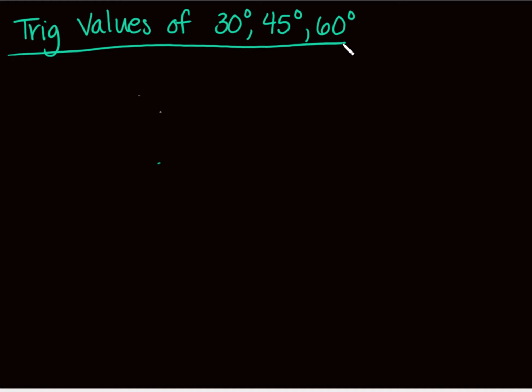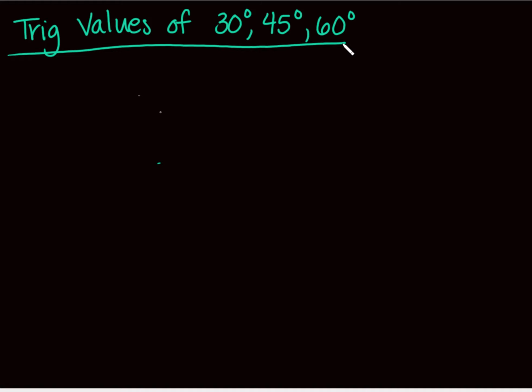We can put that in our calculator, or draw a triangle with a 42-degree angle and find the ratios, but they're not going to be exact. We're going to have irrational numbers, but something like 30, 45, and 60, I can actually find the exact value. Irrational numbers can still be exact, but we'll have to approximate them.